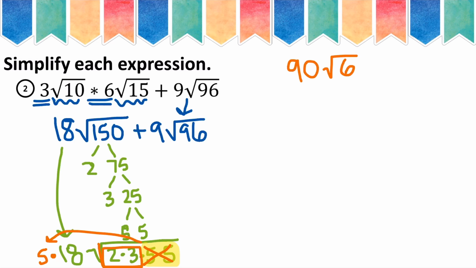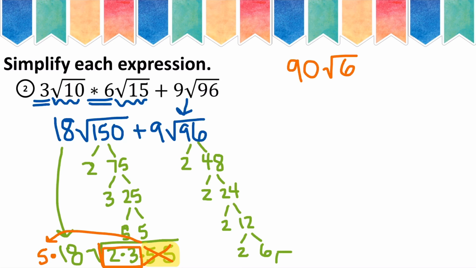But now, don't forget about this term. We also need to simplify 9 square roots of 96. So let's make another factor tree. 96 can be divided into 2 and 48. 48 can be divided into 2 and 24. 24 can be divided into 2 and 12. 12 can be divided into 2 and 6.